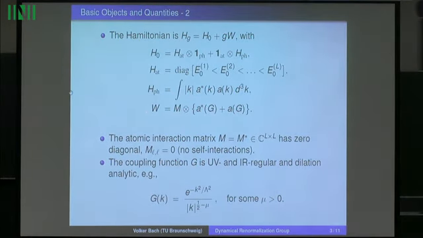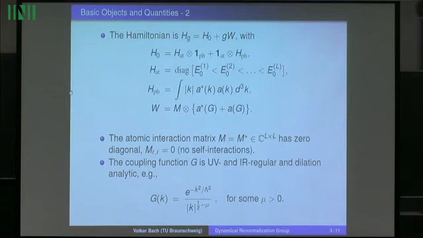Okay, so then we have the interaction W, and it is, for simplicity, given here as a product of two multiplicative factors. So M is an L by L matrix that can be thought of as the orbital matrix of the atomic orbitals, which overlap through the interaction, let's say modeled by a dipole interaction term or something like that.